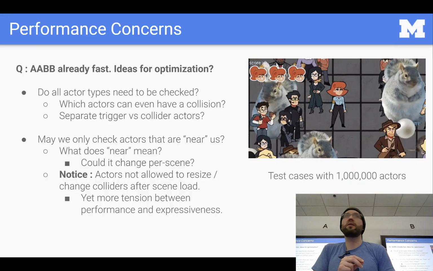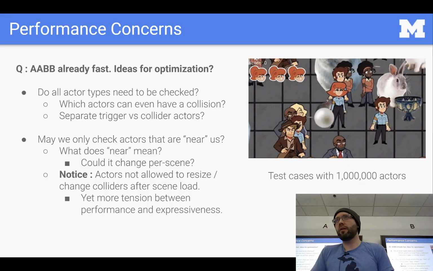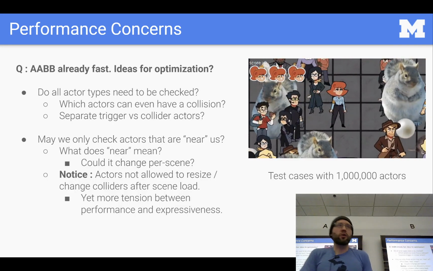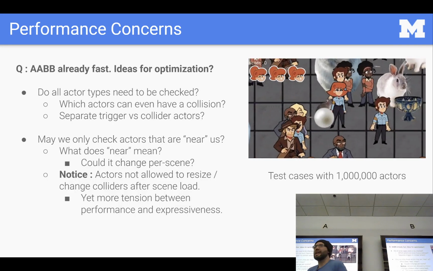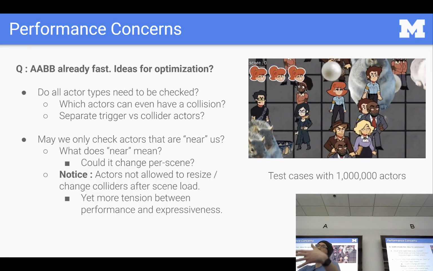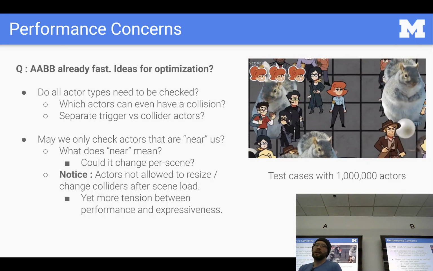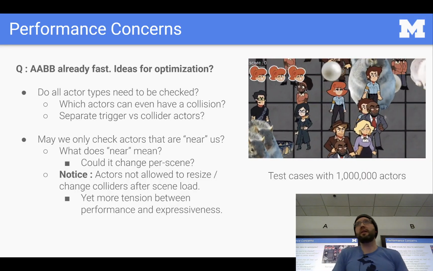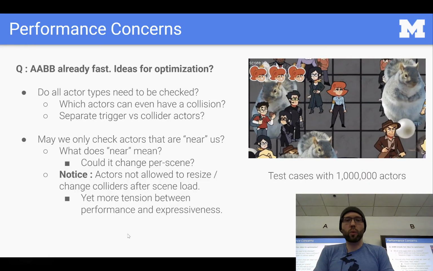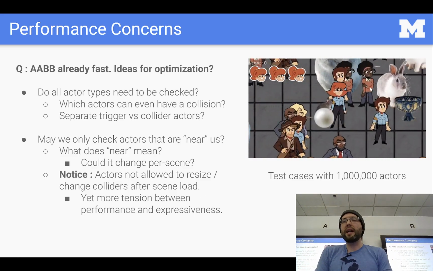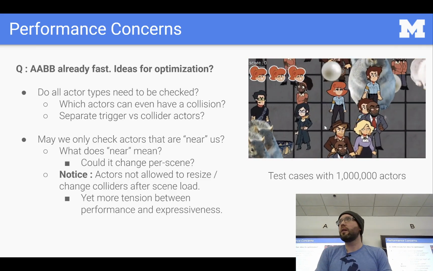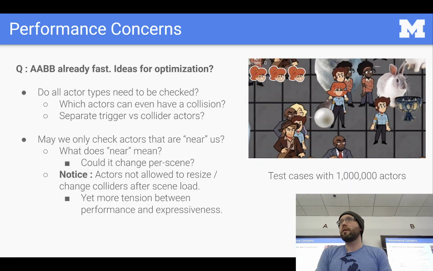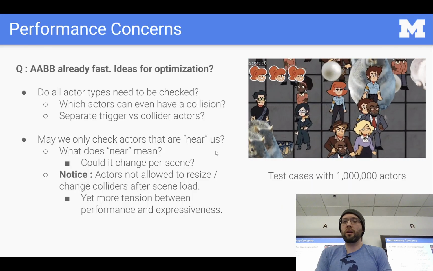Genres that don't need multiplayer, that don't need luxurious collision detection. As a result, they can make certain guarantees about, for instance, the size of their actors, and as a result, they can dramatically make things more efficient in terms of detecting collisions. This is one of those examples. If you cannot guarantee the size of each actor will stay the same, then you can't make some of these collision optimizations.